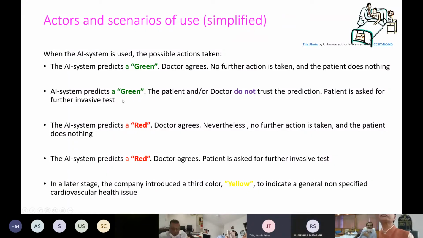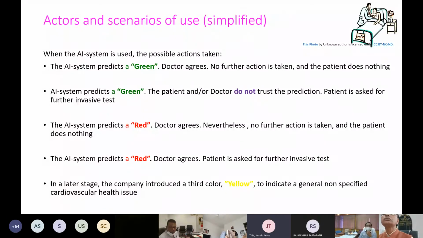The AI system predicts green, but the patient or the doctor do not trust the prediction. In that case, the patient is asked to do a further invasive test. The AI system predicts red, which means there is some problem. The doctor agrees, but still no action is taken and the patient does nothing. Or the AI system predicts red, the doctor agrees, and the patient is asked to do a further invasive test.